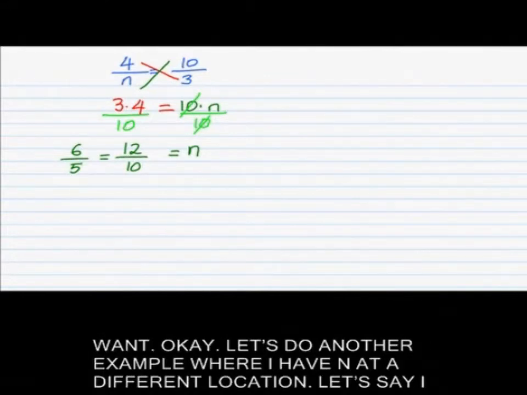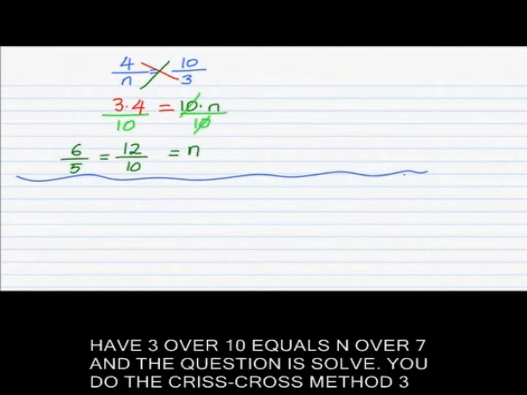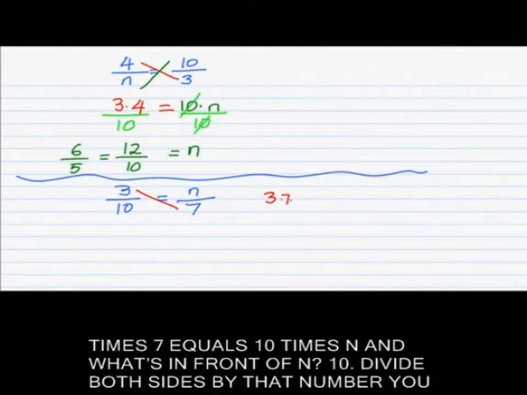Okay, let's do another example where I have n at a different location. Let's say I have 3 over 10 equals n over 7. And the question is solve. You do the crisscross method. 3 times 7 equals 10 times n.